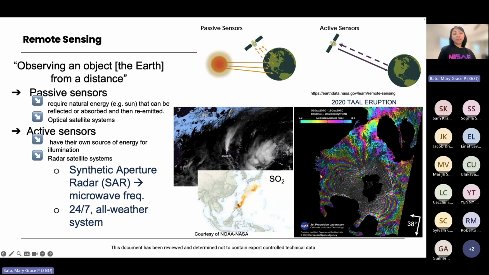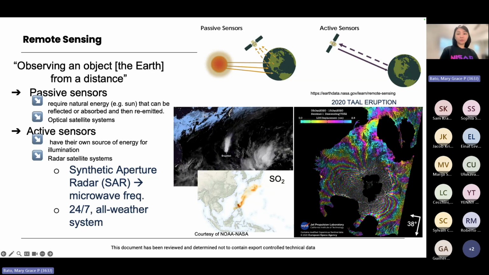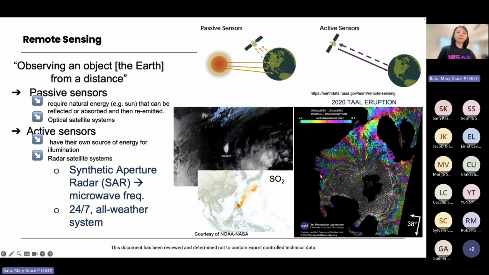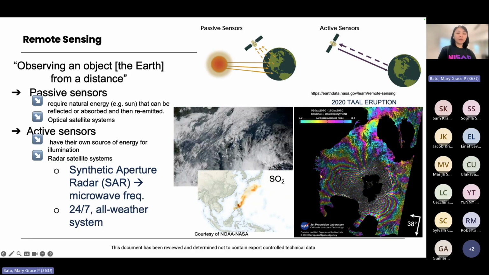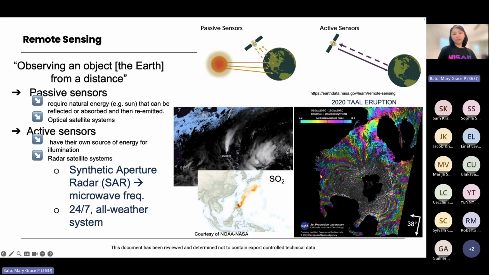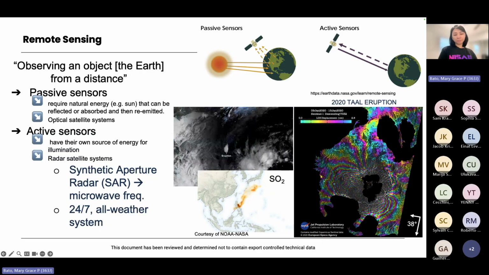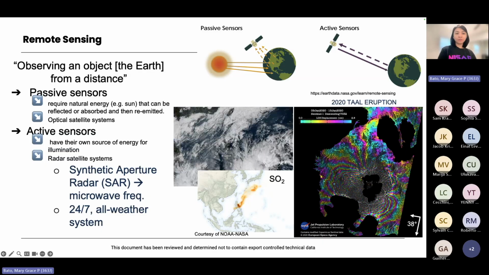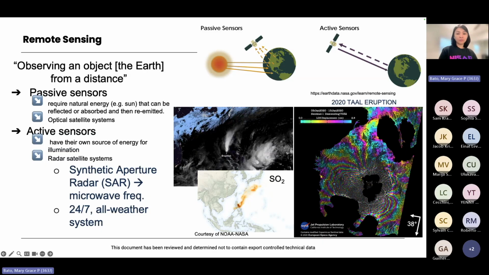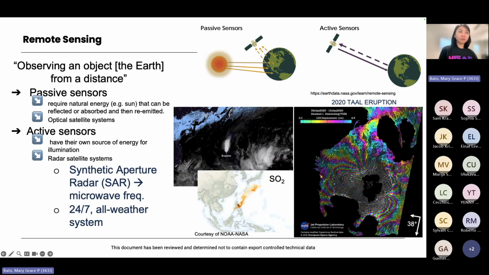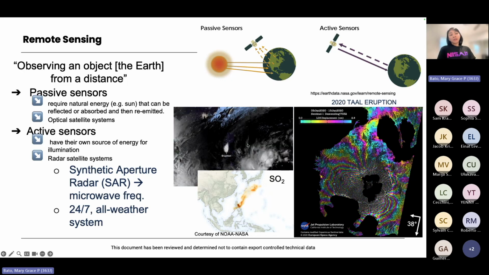Synthetic aperture radar, or SAR, which we will come back to later, operates in the microwave domain and has the key advantage of being able to acquire data regardless of weather conditions or time of day. So you can have images day or night, and it's particularly useful for monitoring volcanic systems that are often, as you can see in this example, in cloud-covered environments.